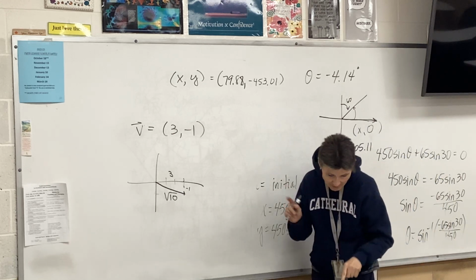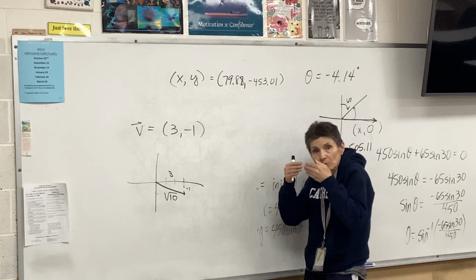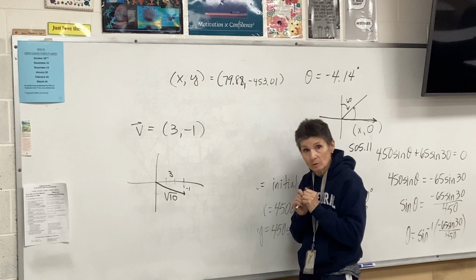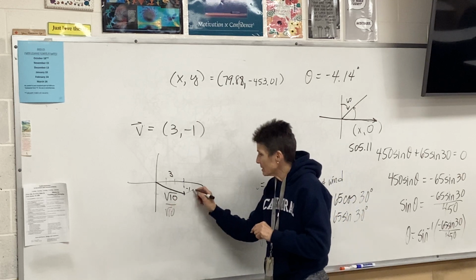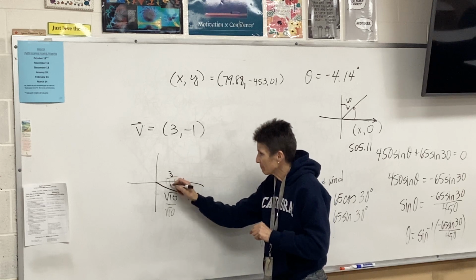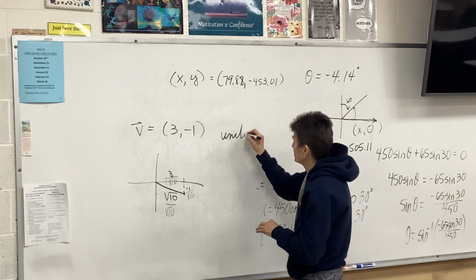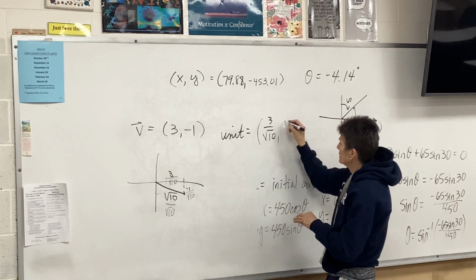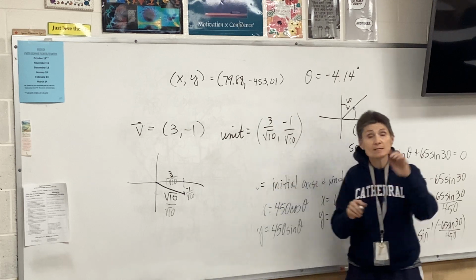I need the magnitude of the vector to be 8. So here's what I want you to do. I want you to back up and make it a unit vector, okay? So we make it a unit vector by dividing everything by root 10. So the coordinates of the unit vector are 3 over root 10, negative 1 over root 10. Now its length is 1.